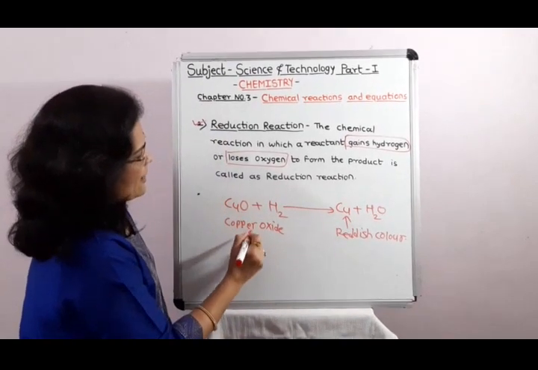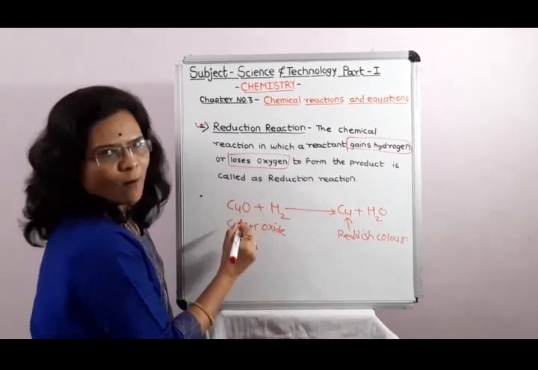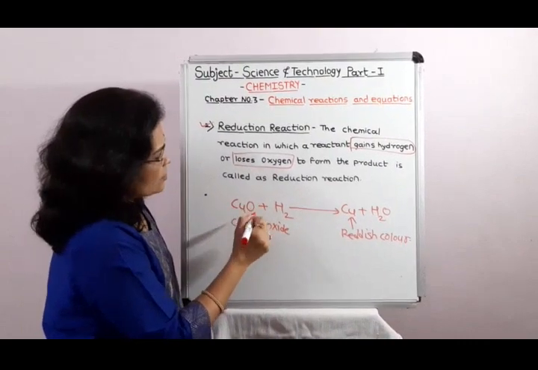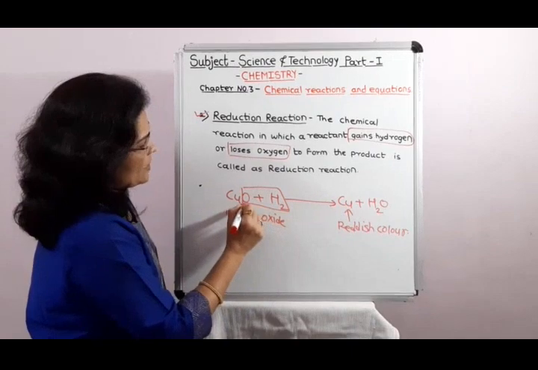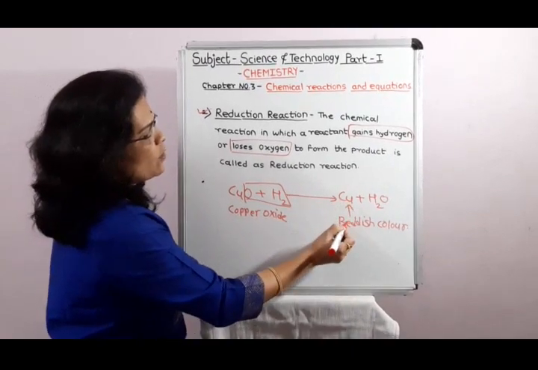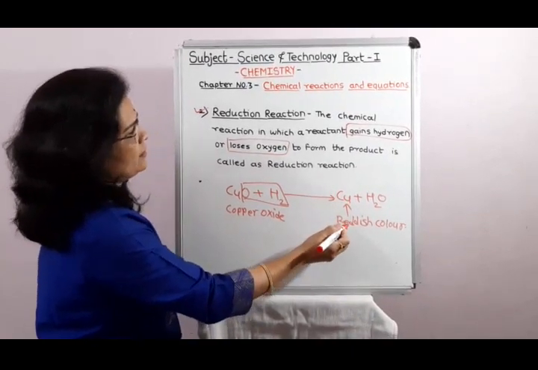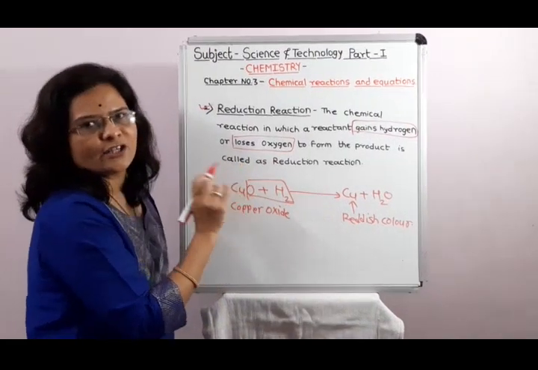Copper oxide is black in color. When black colored copper oxide passes through hydrogen gas, the copper is deposited and that copper is reddish in color. This is the reduction reaction.